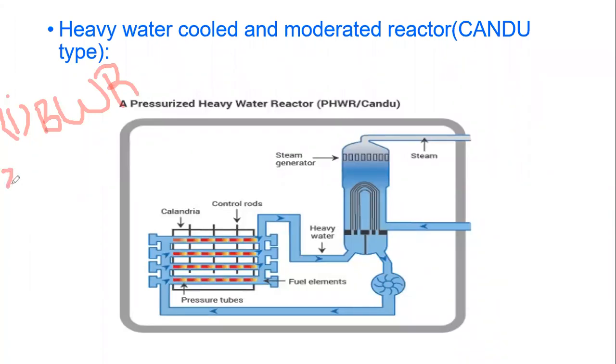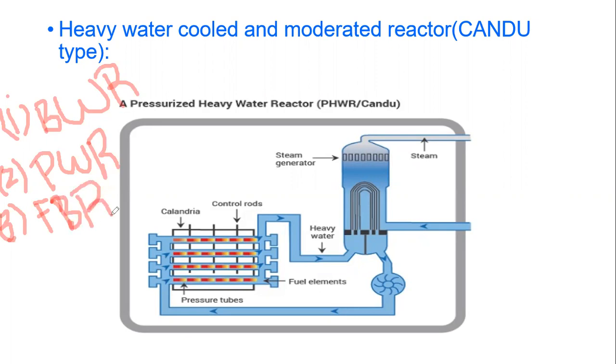The second important type of reactor is the PWR, pressurized water reactor. The third one is the FBR, that means fast breeder reactor.